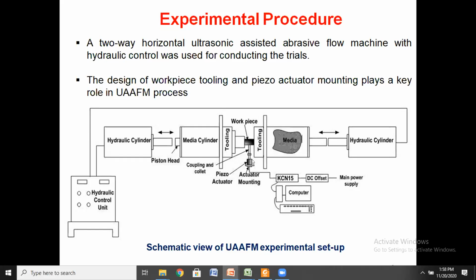If your actuator is not mounted properly, probably the vibrations are not sent to the workpiece. Means you are not vibrating the workpiece properly at the required frequency. So these two play an important role. You will get to know these things only if you start doing the experiments, right?